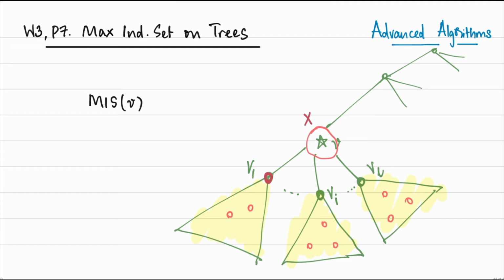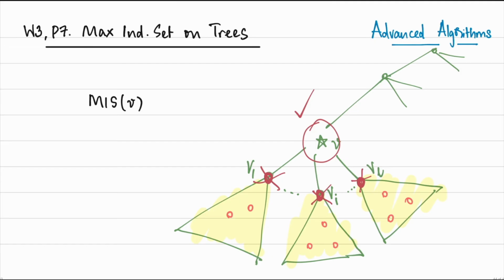On the other hand, suppose V is in fact invited to the party by some optimal solution. How can we discover this optimal solution through the DP table? Well, if V is in fact invited, then we know that all of its children are not invited, right?